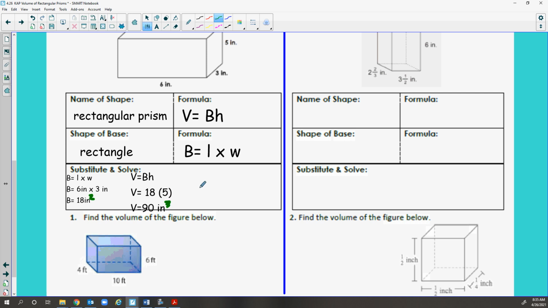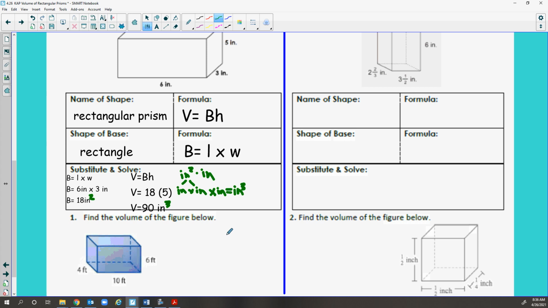We essentially took inches squared, which is inches times inches, times one more inch. So really this is saying inches times inches, and we've got this leftover times inches again. That gives us inches cubed.